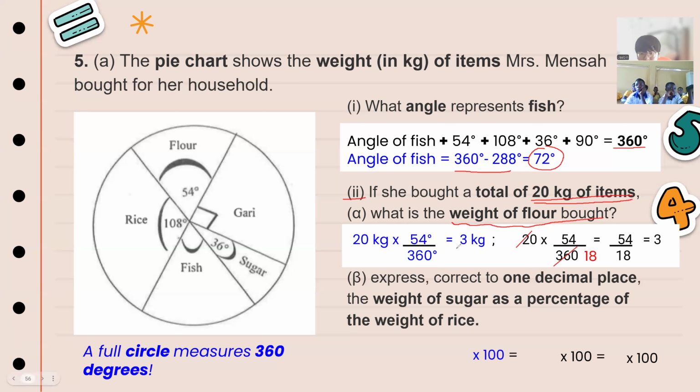And why is that? If we simplify, if we divide 360 by 20, we are left with 54 over 18. What is 54 over 18? That is 3, right? 3 kilograms.